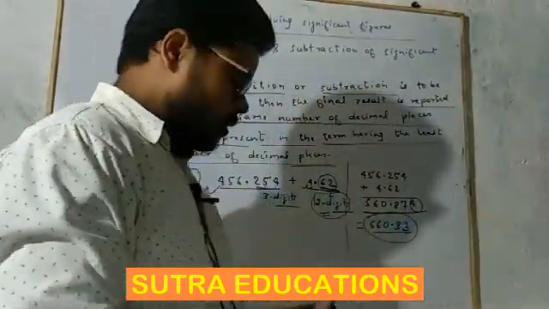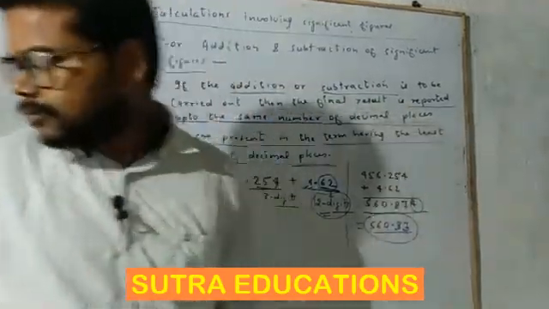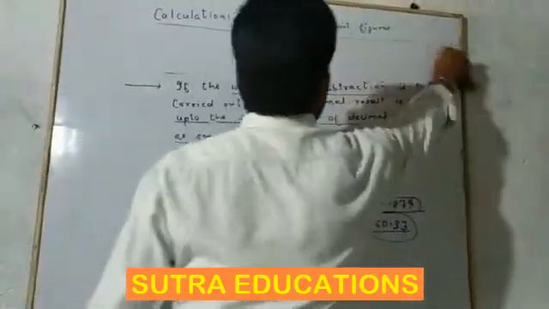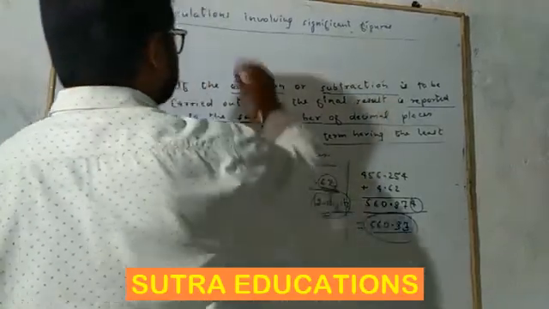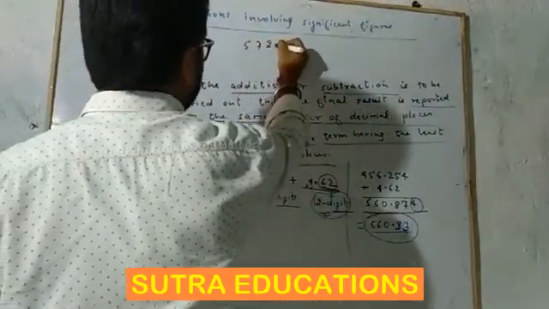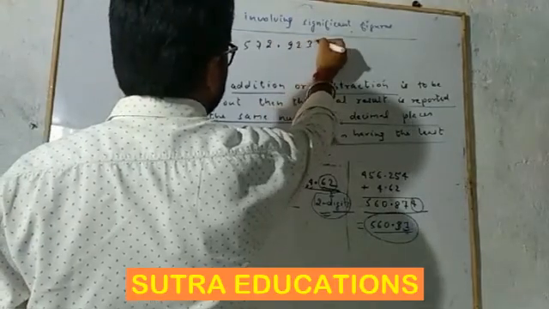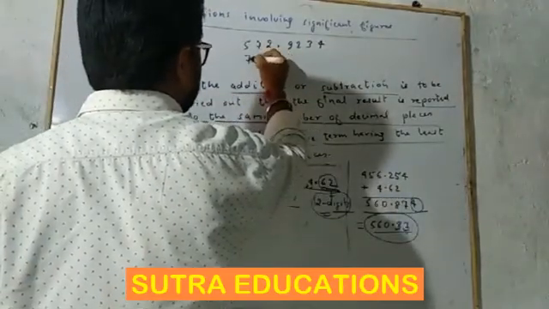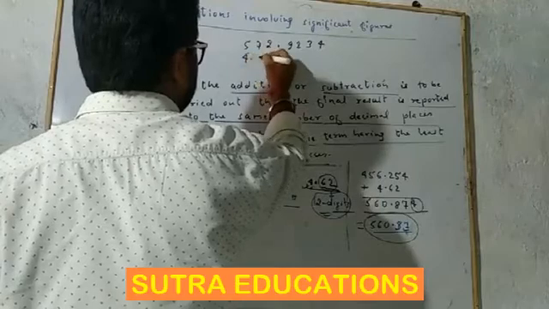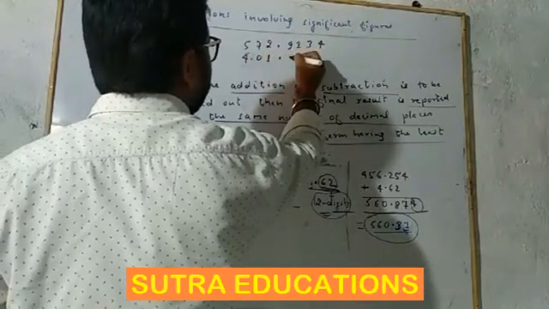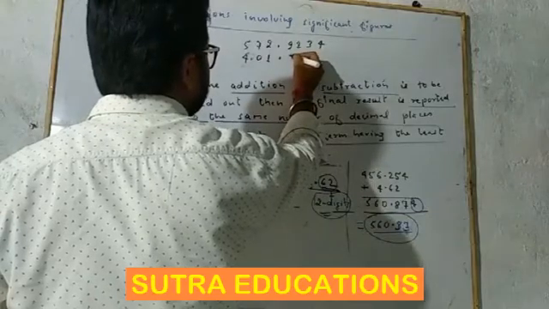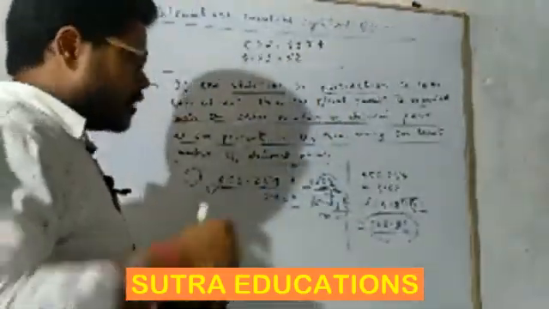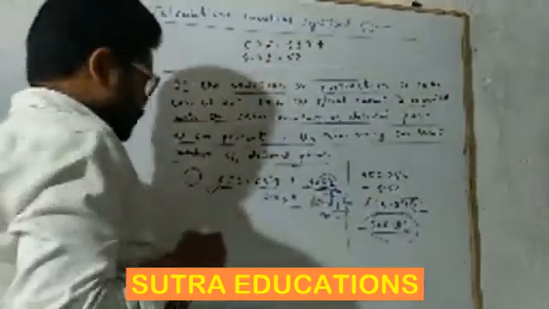Take one more example. Suppose this is 572.9234 and we have to subtract 401.52 from this.